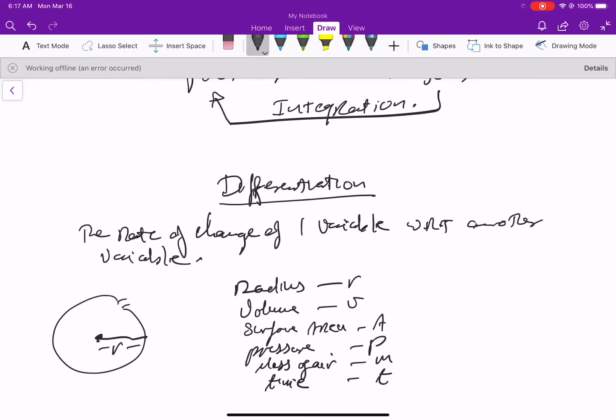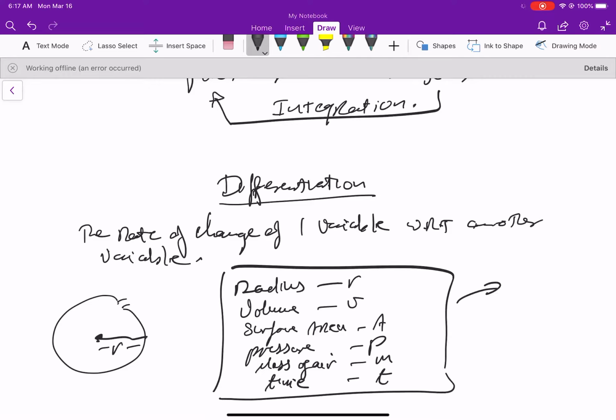These are all variables. As the balloon is being blown up, its volume is increasing, its radius is increasing, its surface area is increasing, the pressure inside is increasing, the mass of air, and time of course, is clearly increasing.